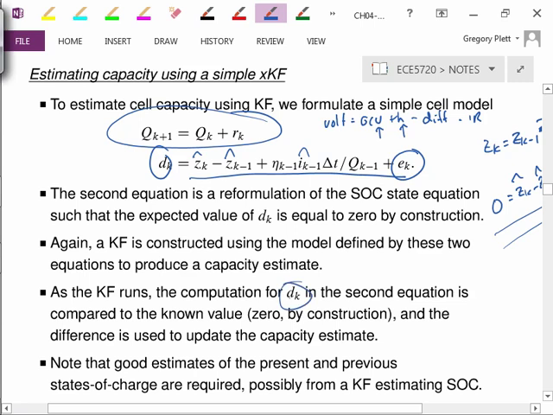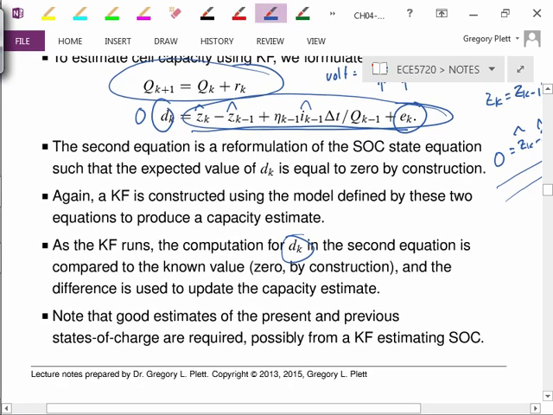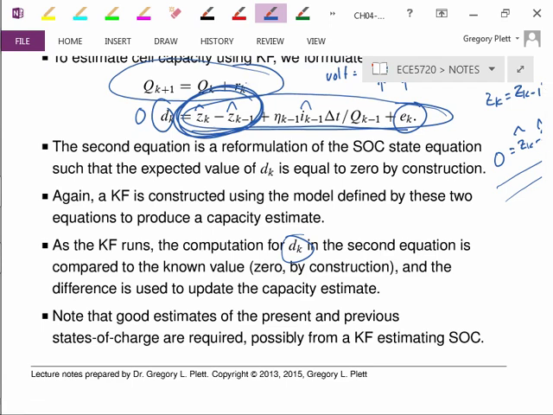I compute my d hat to be this, but then my known measurement is this, which is equal to 0, and then I use the difference between them to update the capacity estimate. In order for this to work well, these two things have to be very, very good, and that is the crux of the problem with estimating capacity in general: I need a very good SOC estimator to do it well.